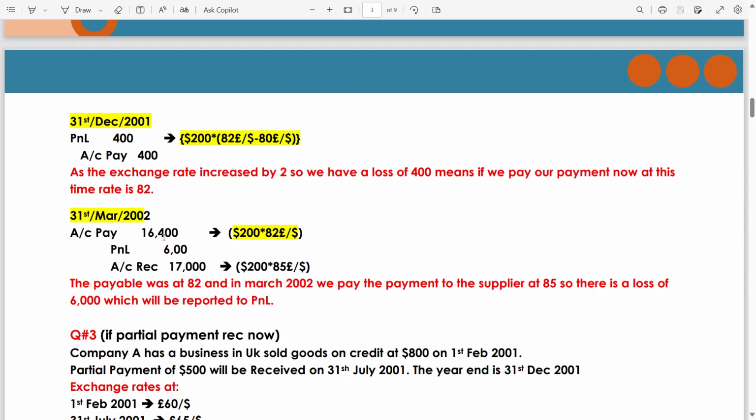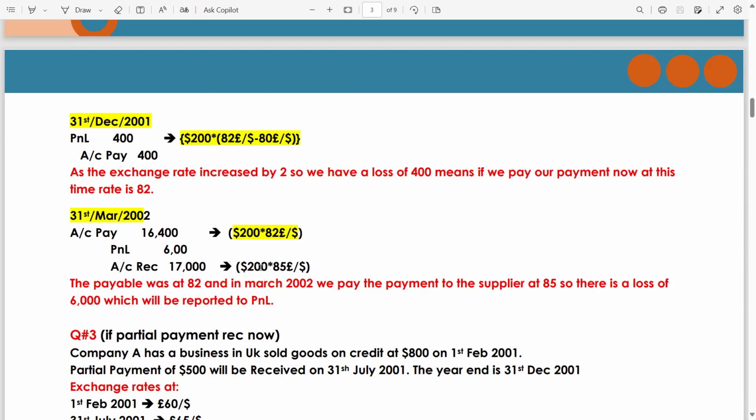How is accounts payable 16400? The transaction amount is 200 and the exchange rate is 82 at 31st December. So 82 multiplied by 200 is 16400. Now cash is 17,000. How is cash 17,000?